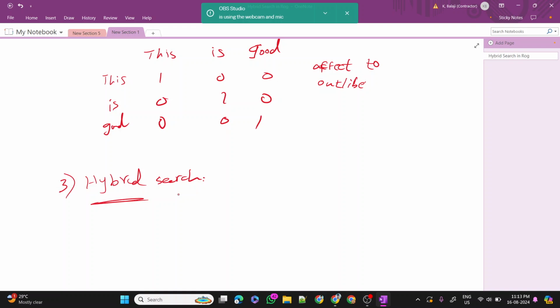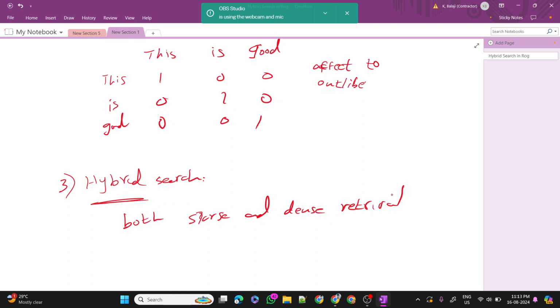It uses both sparse and dense retrieval techniques, so that the retrieval is fast and the accuracy is also very good in this hybrid search.